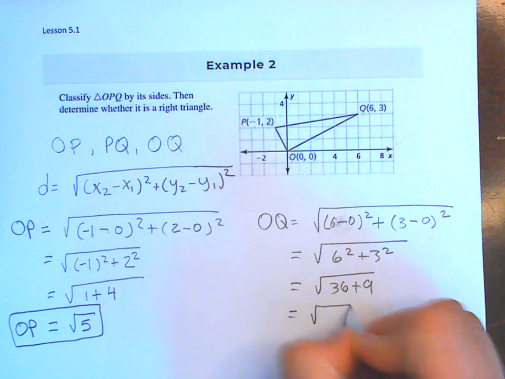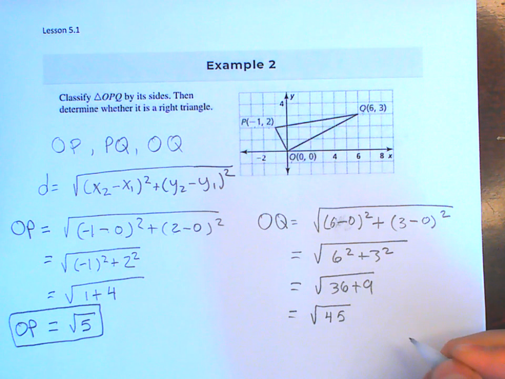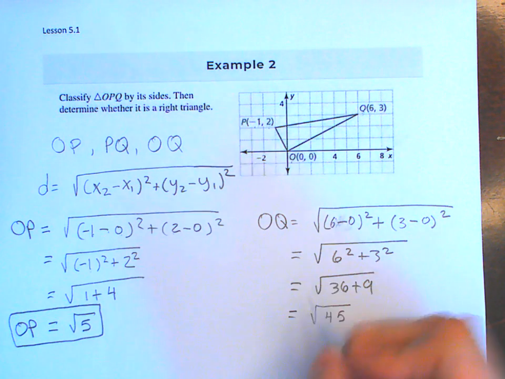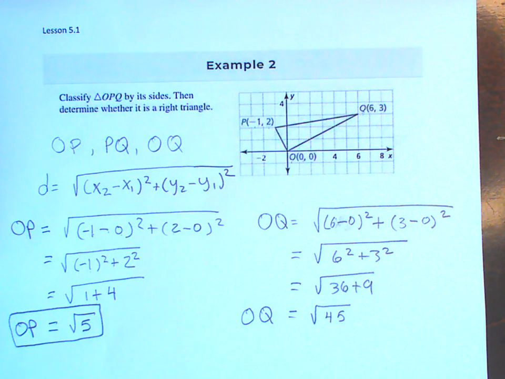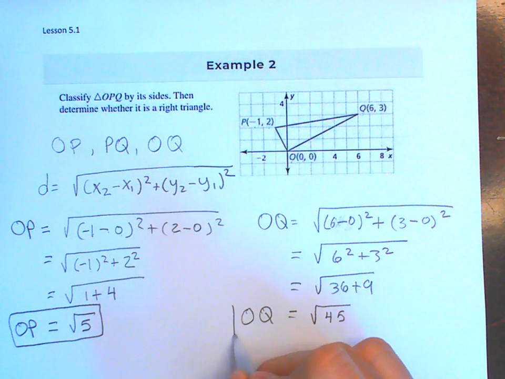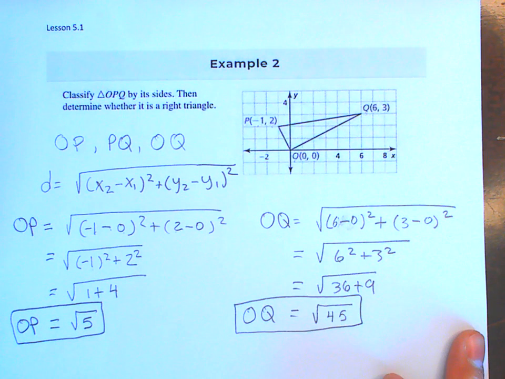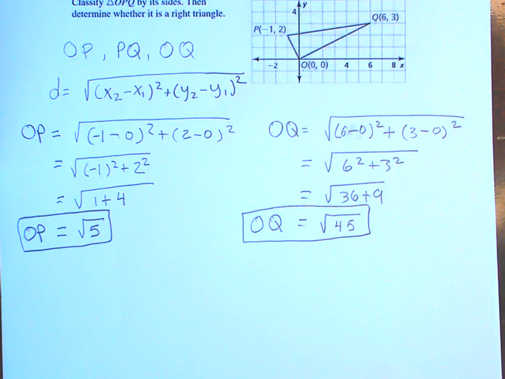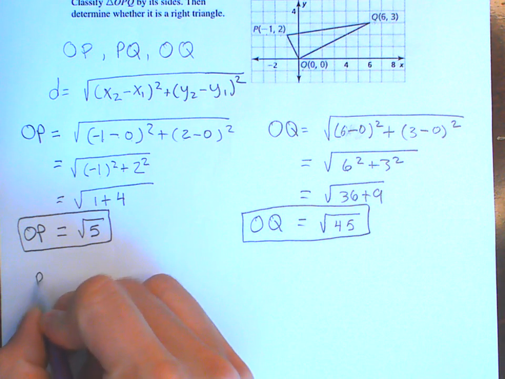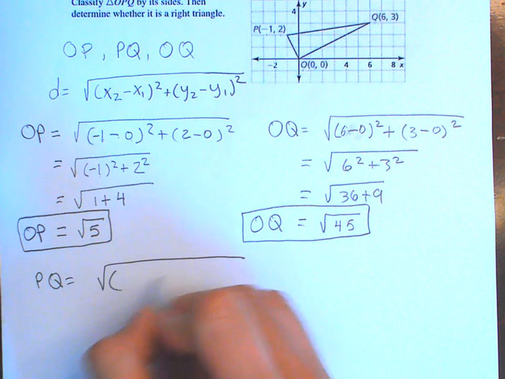And that's going to give me the square root of 45. Okay. So as you can see, OQ is the square root of 45. The only thing that's left to do is find the distance of PQ. So for PQ, I'm going to do exactly the same thing. Yes, it is a lot of work.